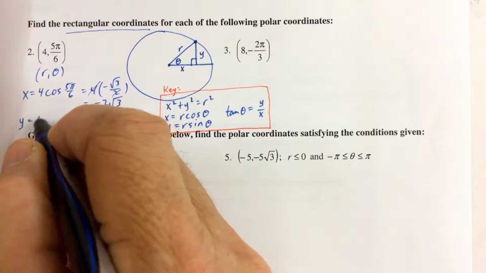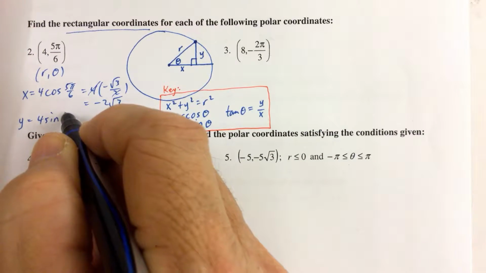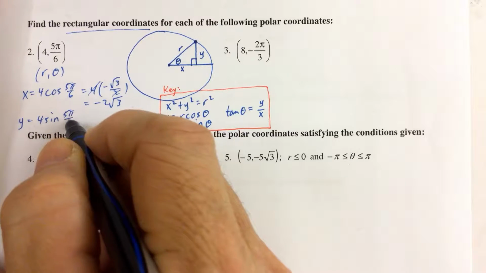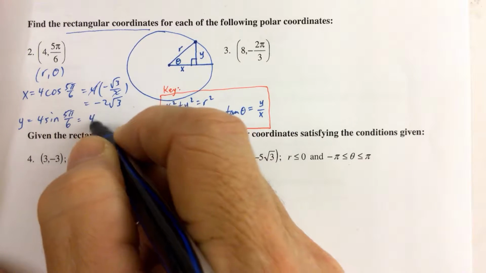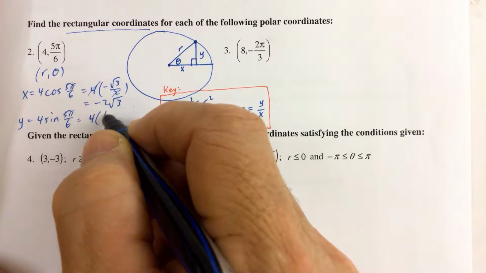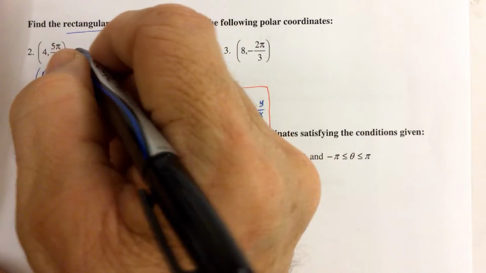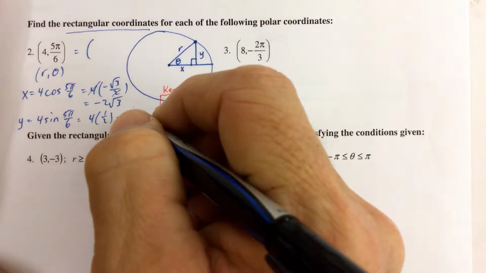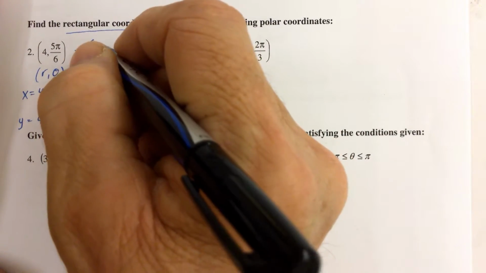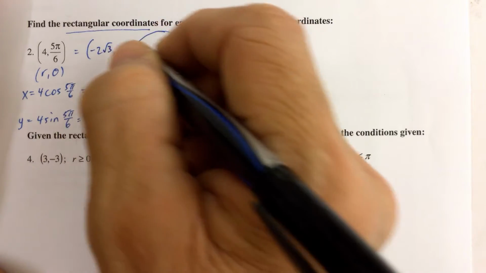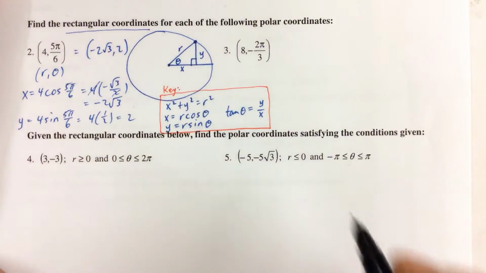And the y being 4 sine theta is 4 times the sine of 5 pi over 6, which is 4 times sine of pi over 6, which is 1/2, and 4 times 1/2 is 2. So the coordinates are x being negative 2 radical 3 and y being 2.